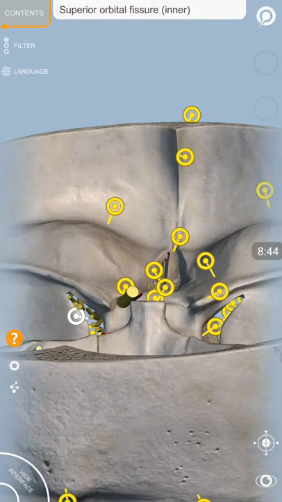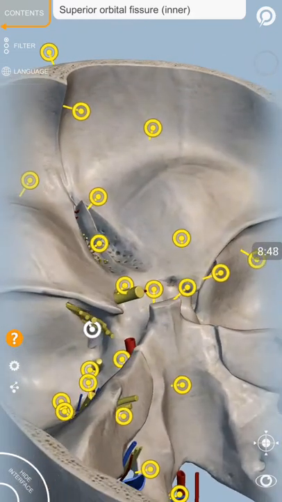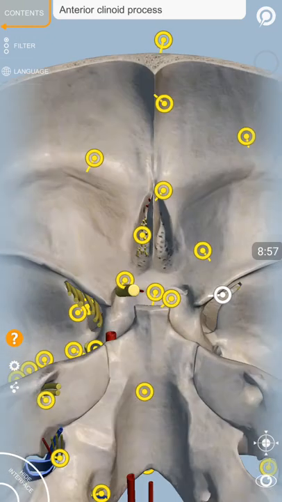We have two orbital fissures. One is the superior orbital fissure. Here you can see this is the superior orbital fissure, and there are certain nerves which have to enter into the orbit.